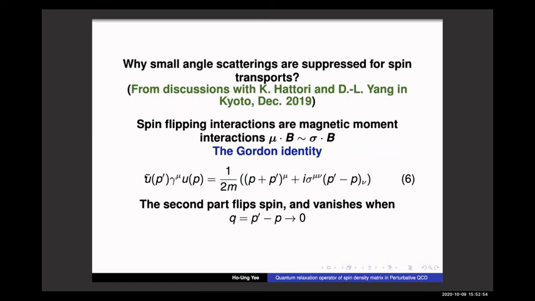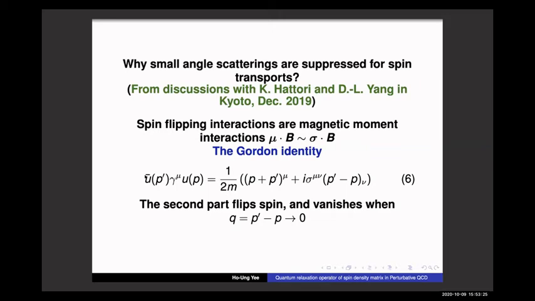quark, and that can also be seen in this Gordon identity: the first part, which doesn't involve spin, is not suppressed in the small momentum transfer limit, but the second part, which is responsible for this Pauli interaction, which flips spin, is given by the momentum difference between the incoming and the final particle.